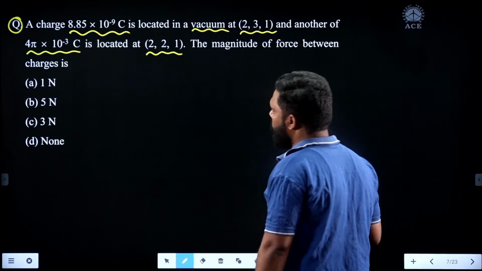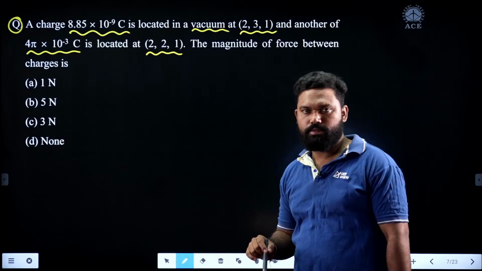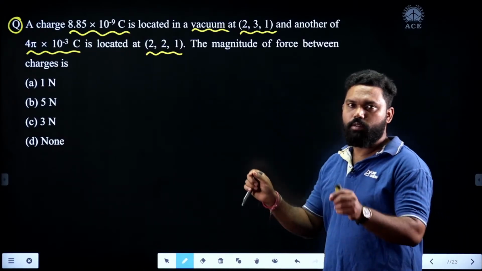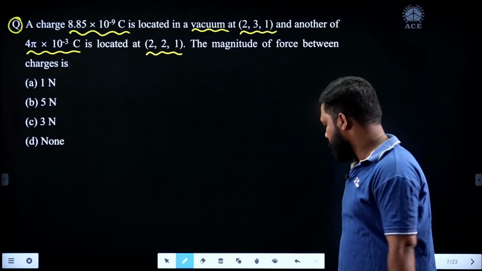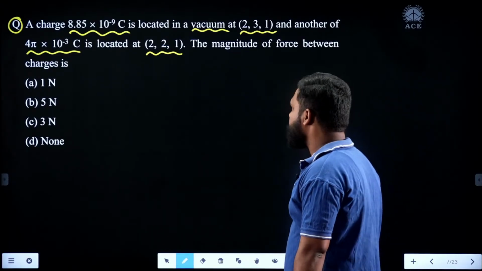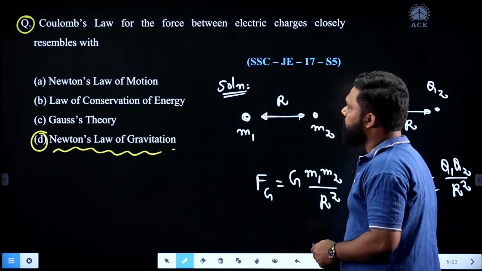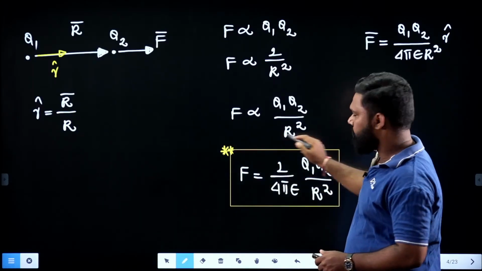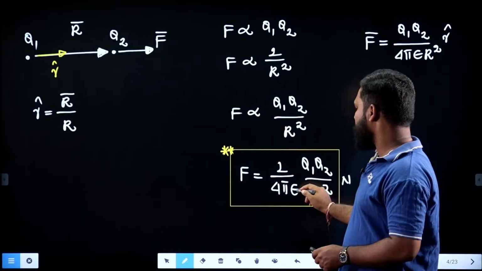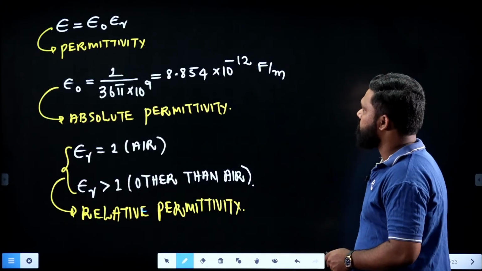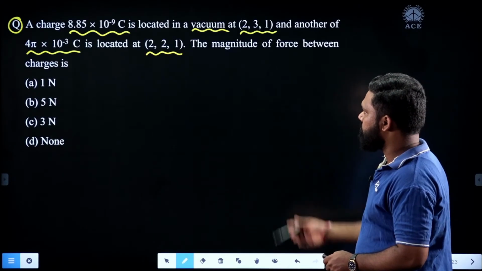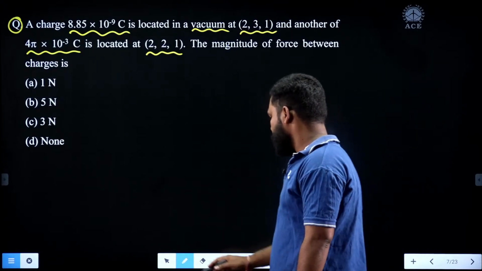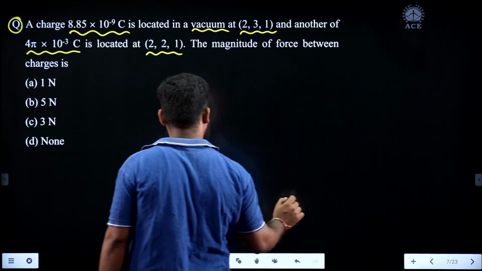The magnitude of the force between the charges is? It is asking only for the magnitude. What is the force between two charges? It is this one. He said vacuum, so epsilon will be equal to epsilon naught. Can you try this one? Now come on, speak out. Please do the calculation.